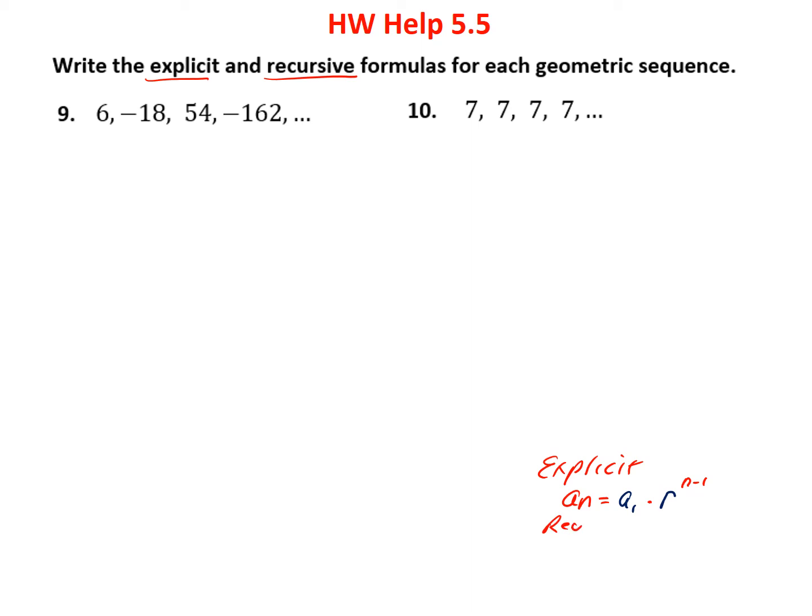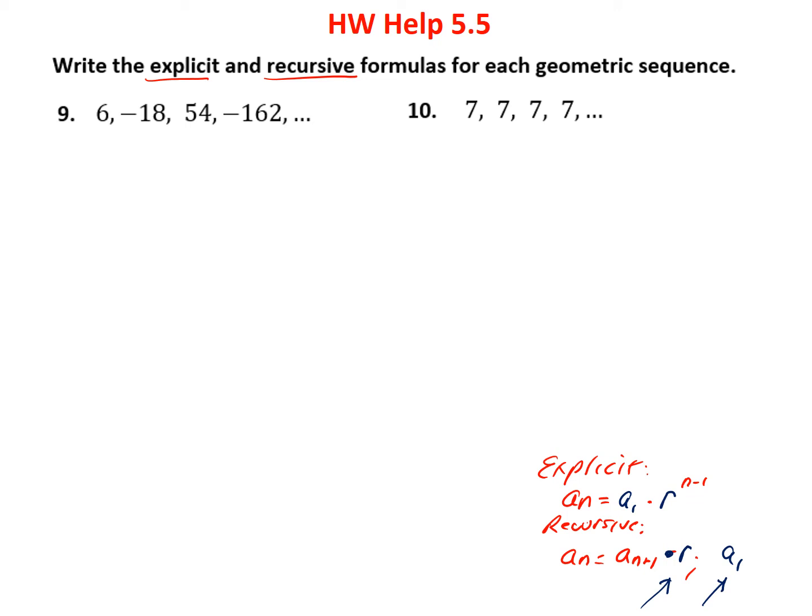Likewise with the recursive, the nth term equals the previous term times the common ratio, and then we typically write whatever the a1 is. So again, all you have to do is find what's the common ratio and what's the first term, and you can write either of these.